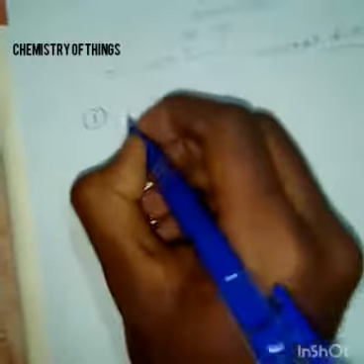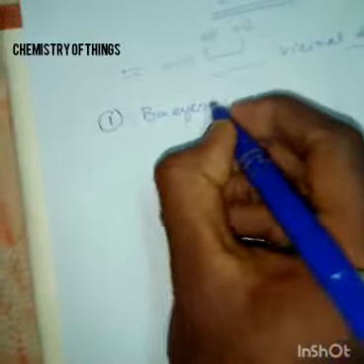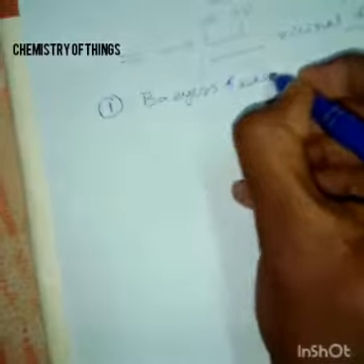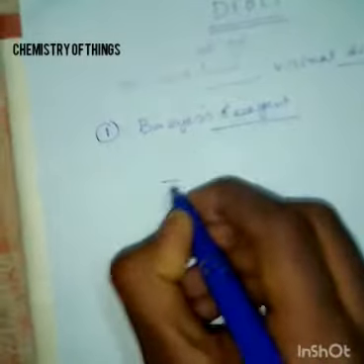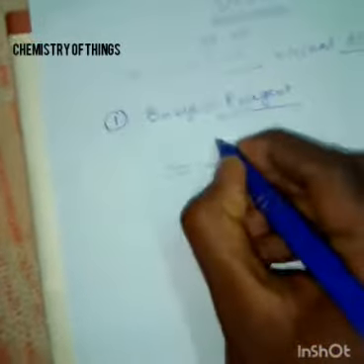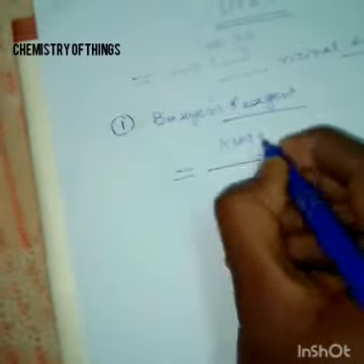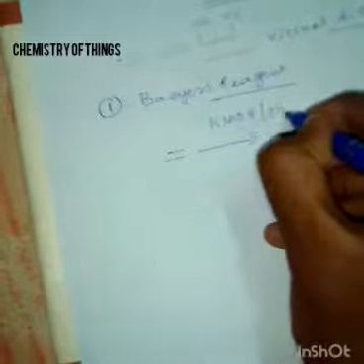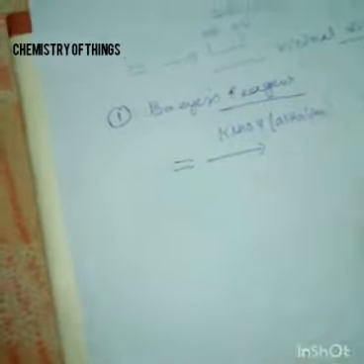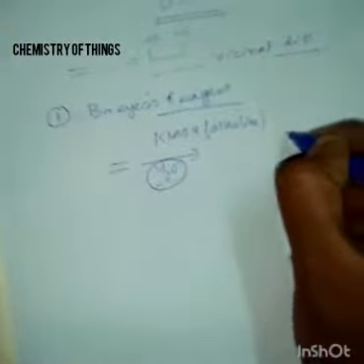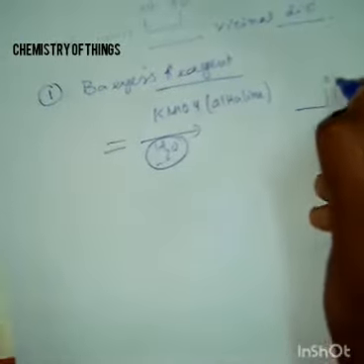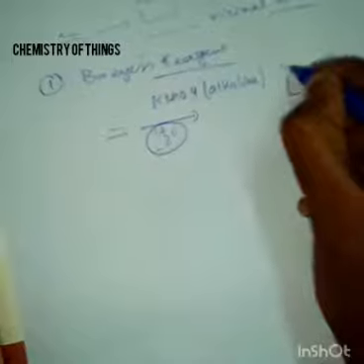So the first method, it's a very well known method, that is Bayer's reagent. What you need is an alkene, then KMnO4, that is alkaline, with H2O provided, then it will be converted to a diol.